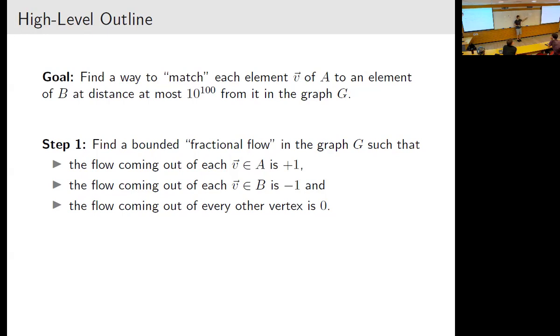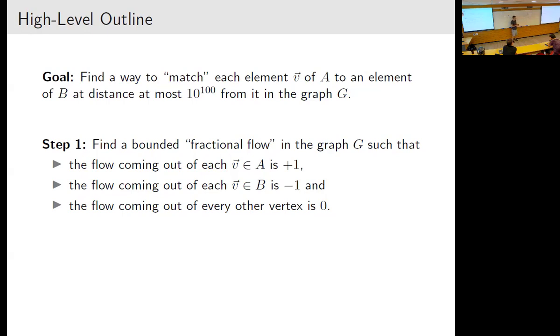And they find a flow in which every vertex of A has outgoing flow +1. So it's a source of +1. Everything in B has -1 going out, or +1 going in. And every other vertex that's not in A or B has outgoing flow 0.